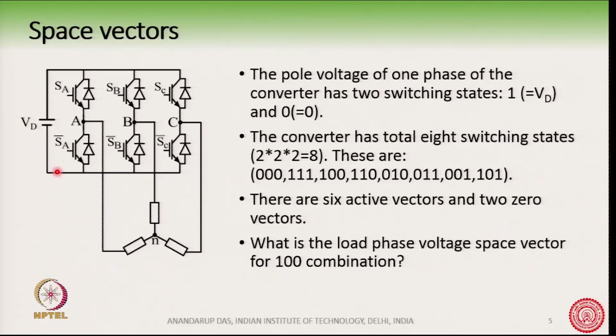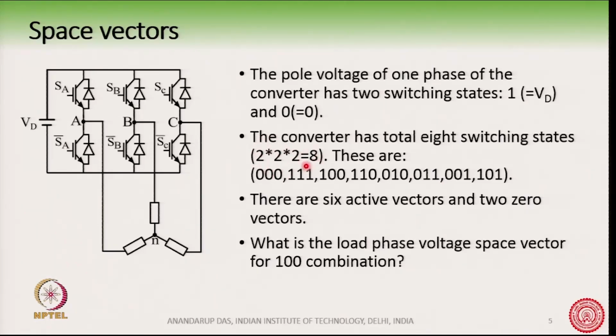So, we define two switching states of phase A of the converter. VD is taken as 1 and 0 is taken as 0. There are two switching states for each phase as the top and bottom switches are switching. Therefore, since we have 3 phases, the converter will have 2 into 2 into 2, 8 switching states.